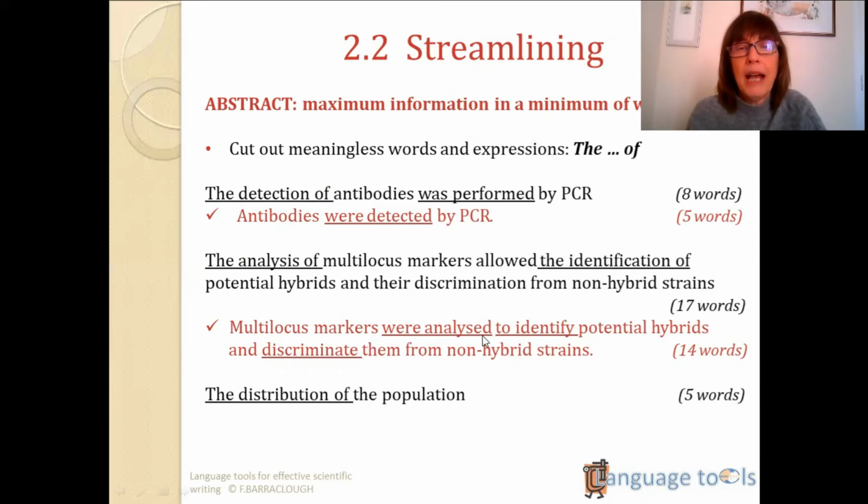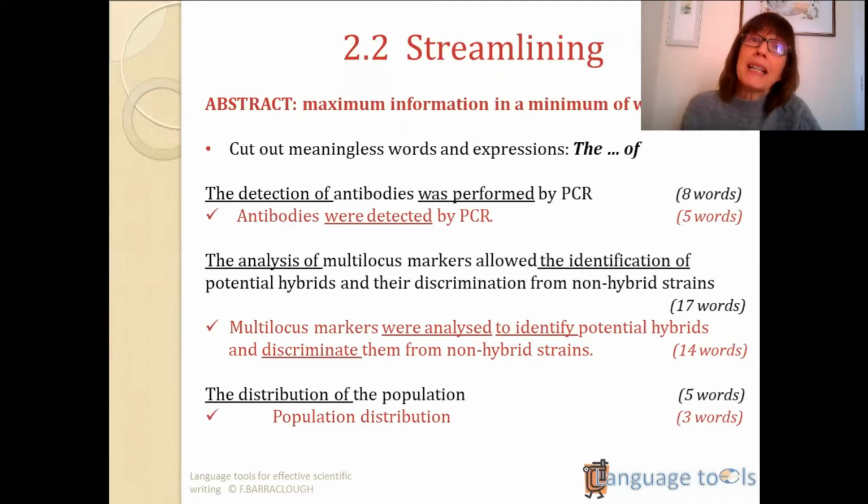Multilocus markers were analyzed to identify potential hybrids and discriminate them from non-hybrid strains. And other expressions like the distribution of the population. This is a typical example of perhaps a translation from another language, because in English it would be much more natural or common just to say population distribution.